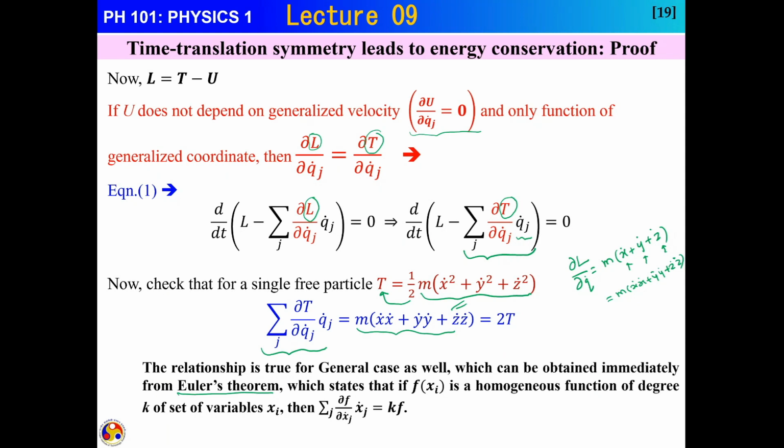If a given function f is a homogeneous function of degree k of a set of variables x i, then I can write the summation of those variables multiplied by the partial derivative of that function with respect to each variable is nothing but k f. k is the degree of the set of variables. Here, what is the degree?